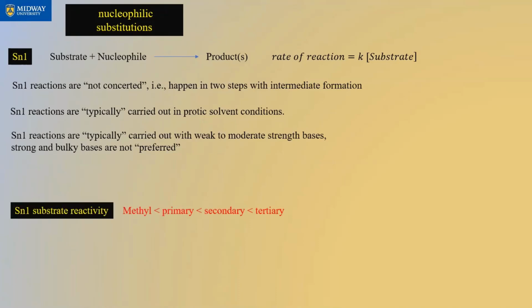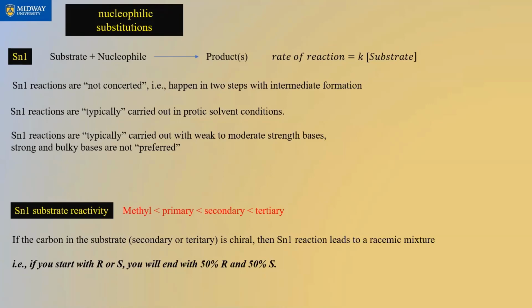And SN1 substrate reactivity is the opposite. A tertiary carbon containing the leaving group has the highest reactivity for SN1. And if the carbon in the substrate, secondary or tertiary, is chiral, and you carry out an SN1, it results in a racemic mixture.